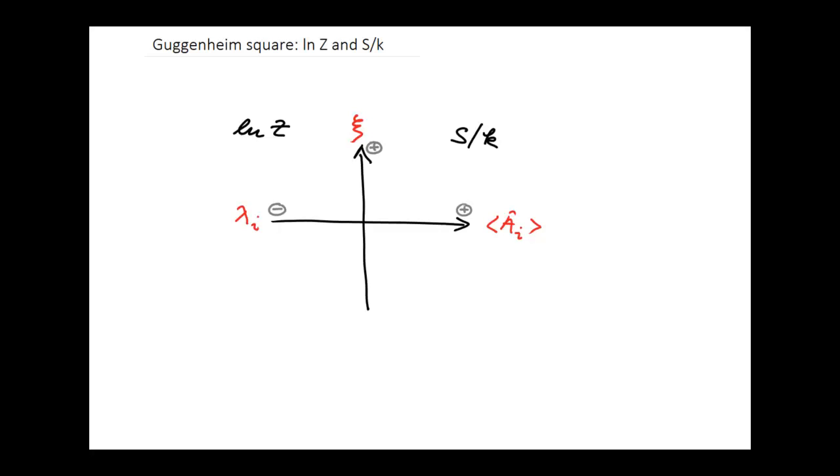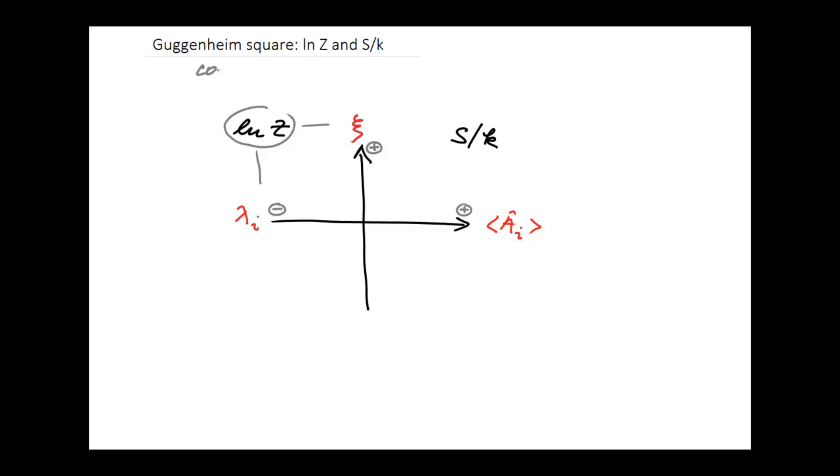The first information we get from this Guggenheim square is that each corner has the adjacent sides as its natural variables. So, log z has as its natural variables xi and lambda.